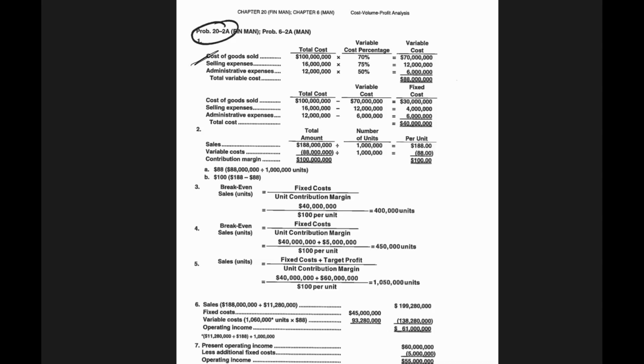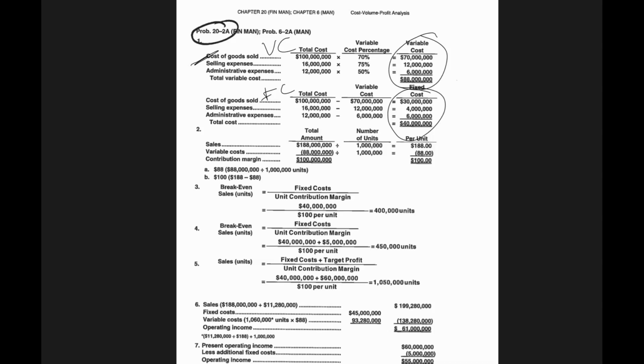But if you look below that little operating income line, they tell you how much of those costs of goods sold are variable costs and how much of them are fixed costs. So using those percentages provided, you can calculate the total variable and the fixed costs.